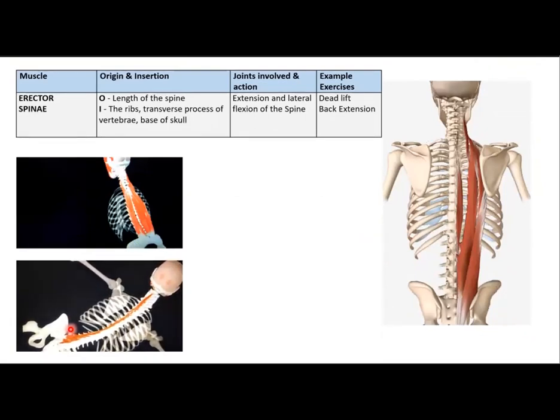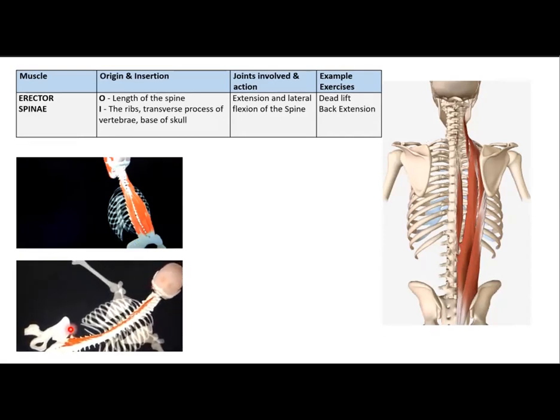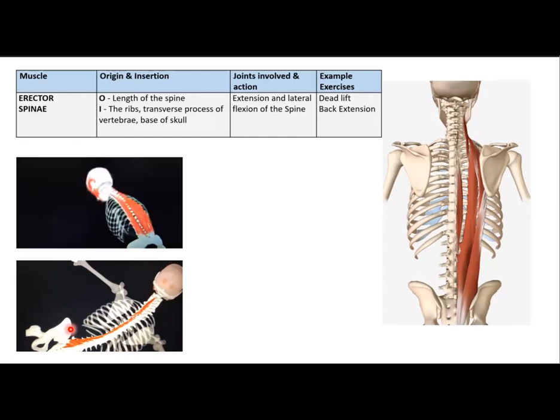All right, next one is your spine, your erector spinae. So it does extension and lateral flexion. When you lie on your side, or when you're doing your obliques in a standing position, it's not only your obliques working, it's also your spine doing the exercise. So it does a lateral flexion and a normal extension.